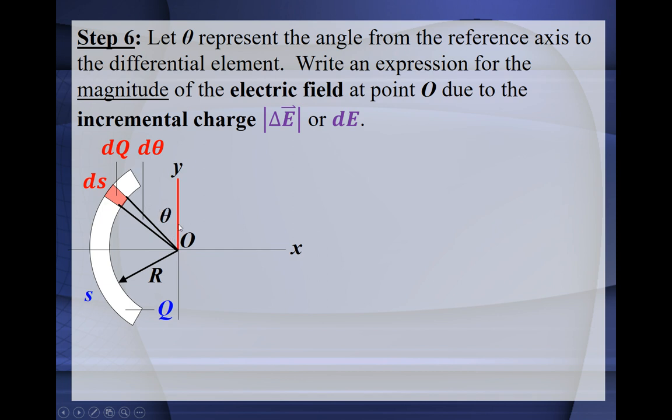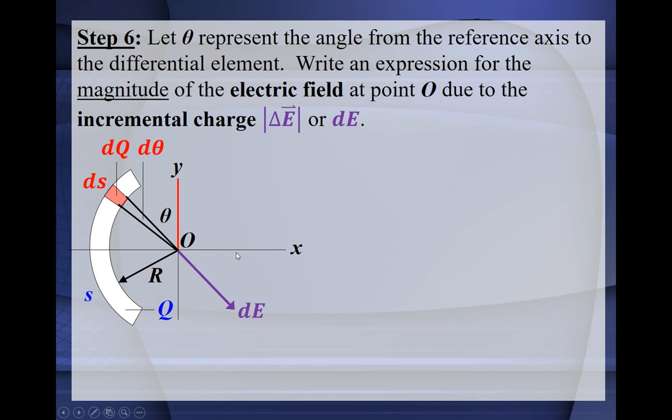Again, theta is the angle from the reference axis to where that differential element exists. Remember, this differential element has an infinitely small arc length. Realistically, there's not much difference between the angle from the y-axis to where the arc of charge starts compared to the y-axis to where it ends. This differential arc length is really, really tiny.